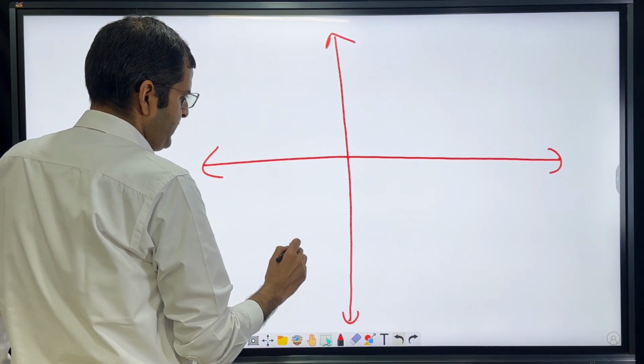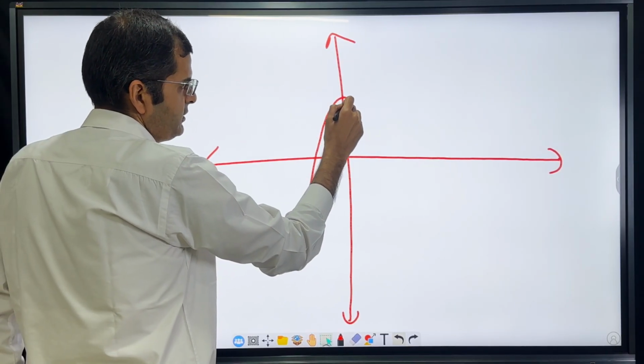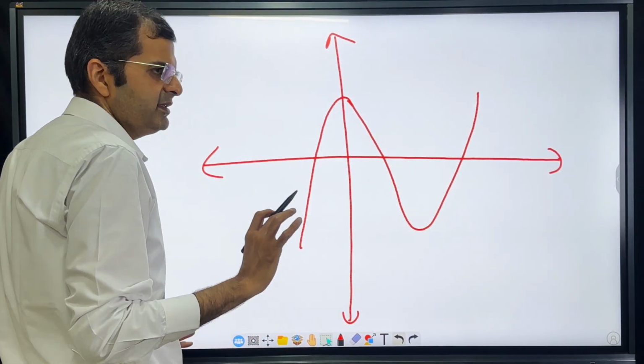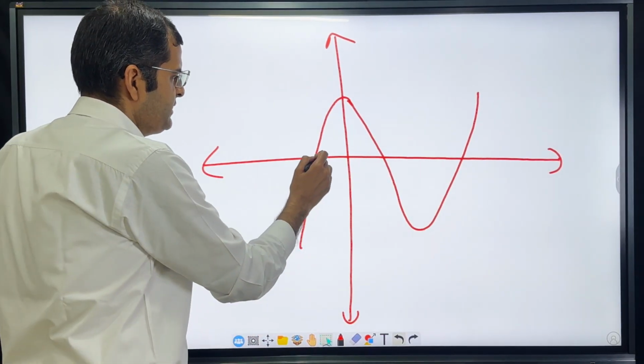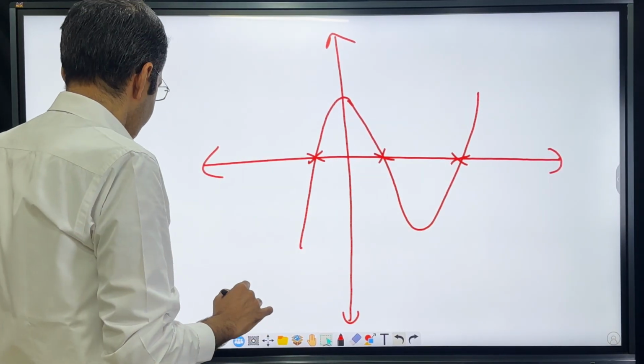So if f dash x is 0, one possibility is that the graph makes a turn here at x equal to 0, comes back. It has three distinct roots, so it goes like this. If it has three distinct roots, it has to cut the x-axis at 3 points. This is one possibility.